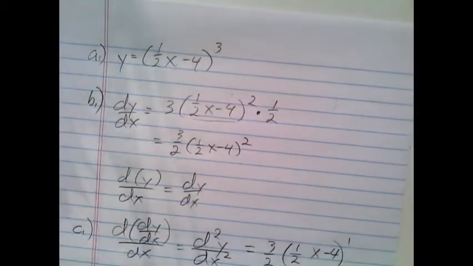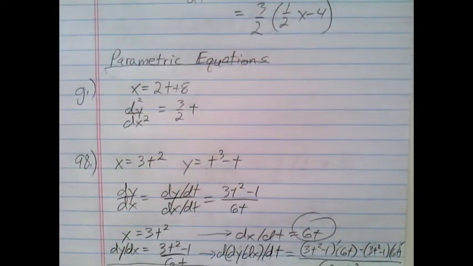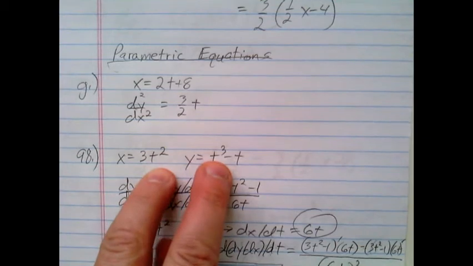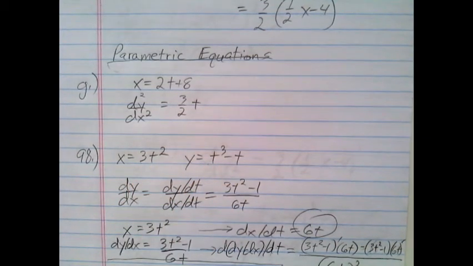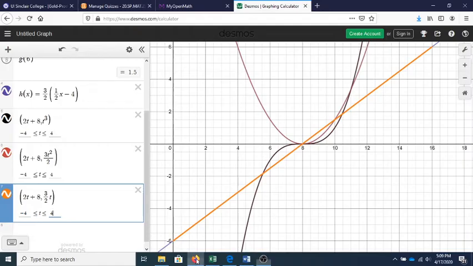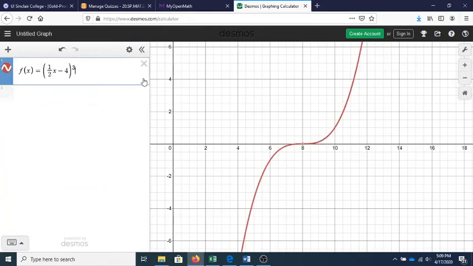Now, how do I know that I did all that right? Well, let's check it by taking the original function stated in parametric form and plugging that into Desmos. We should be able to see where it's concave up and where it's not. I don't think we need any of this stuff anymore, so let's just clear this out.